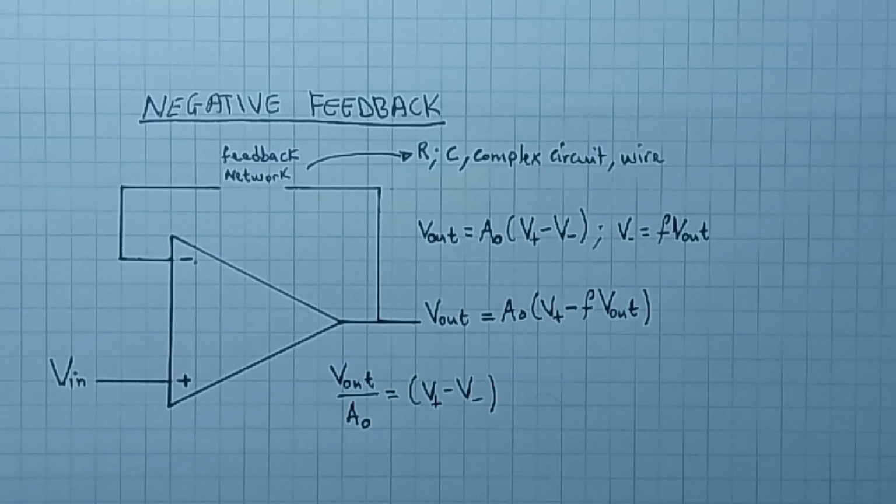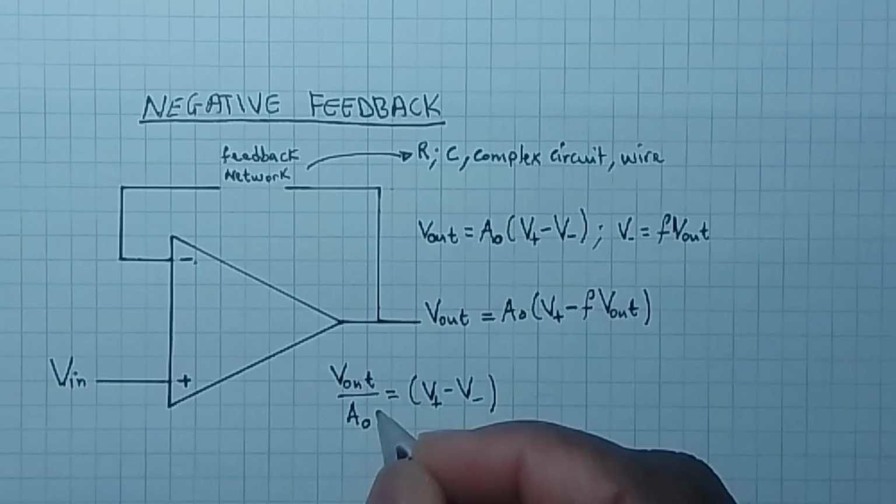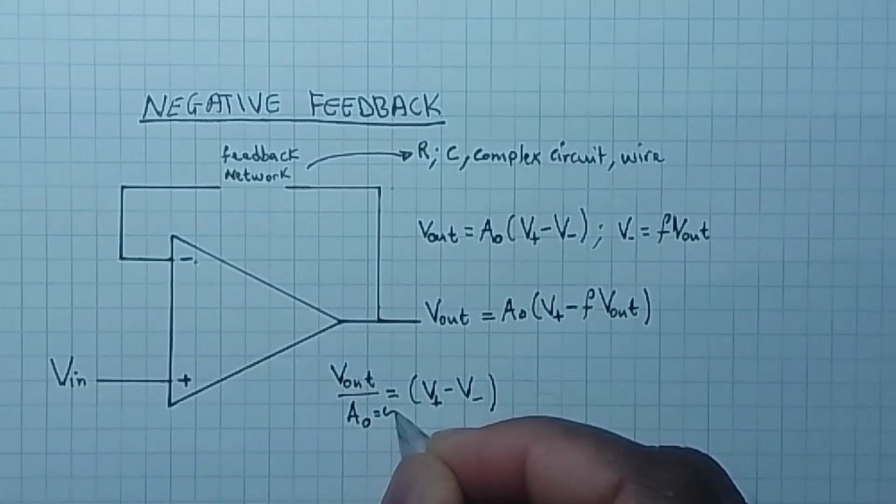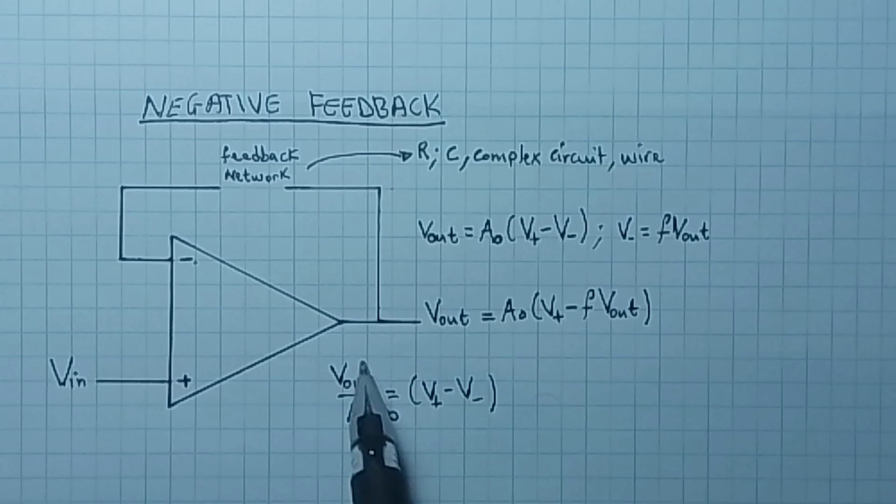We realize that the left side of this equation goes to 0, because we know for an ideal op amp the open loop gain is infinite and any value over infinite is 0.